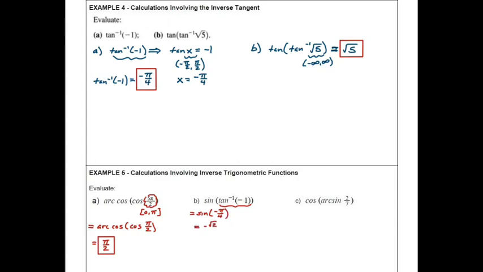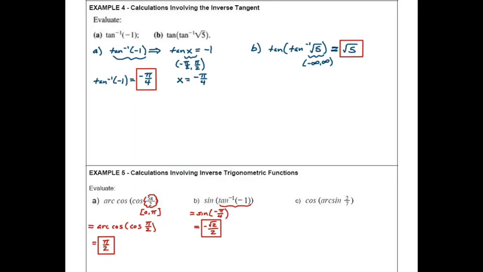So what this problem becomes is sine of negative pi over 4. Then sine of negative pi over 4 would put me in quadrant 4. Sine of that angle would be negative root 2 over 2. So when you're composing two functions that aren't inverses of one another, you work your way from inside to outside to find the value.